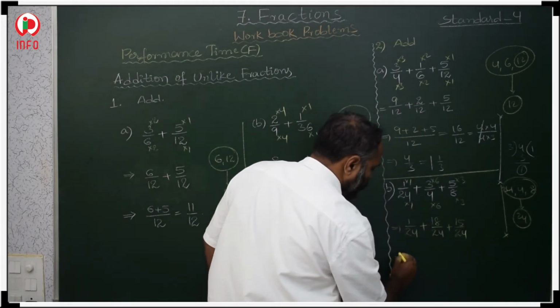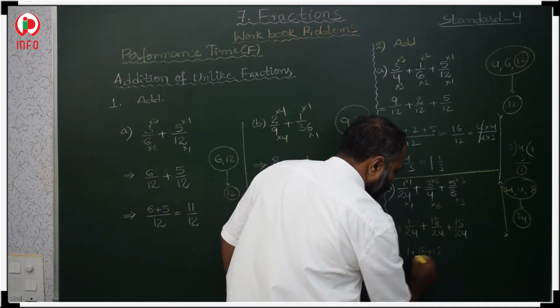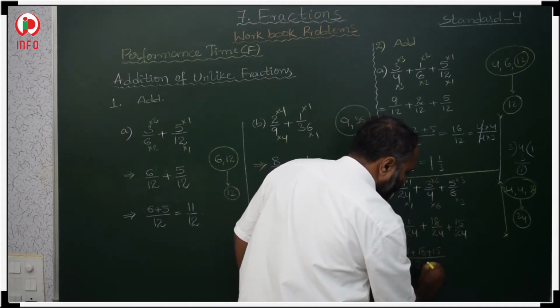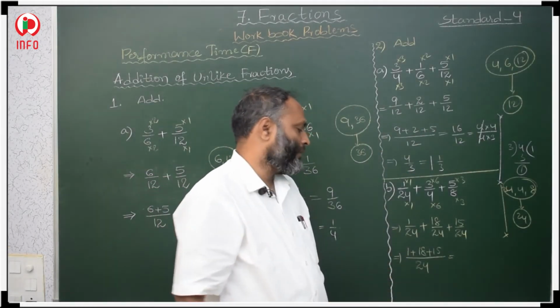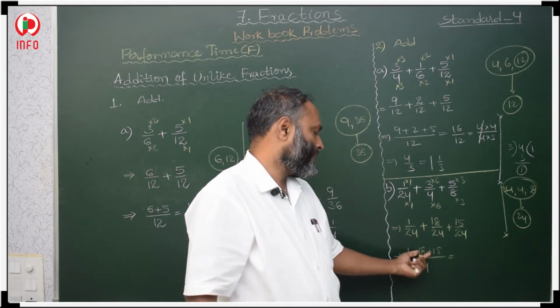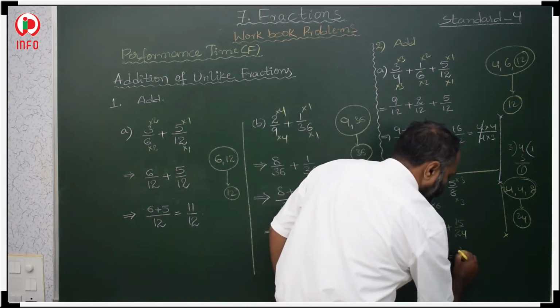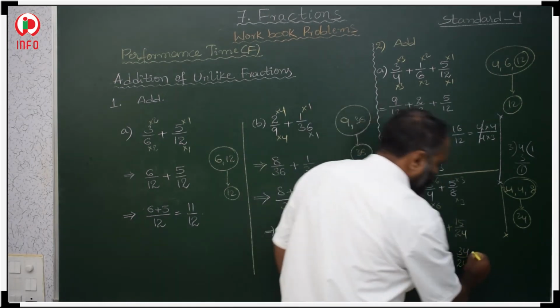Now add the sum of the numerators by 24, the common denominator. 15 plus 18 is 33, plus 1 is 34. 34 by 24.